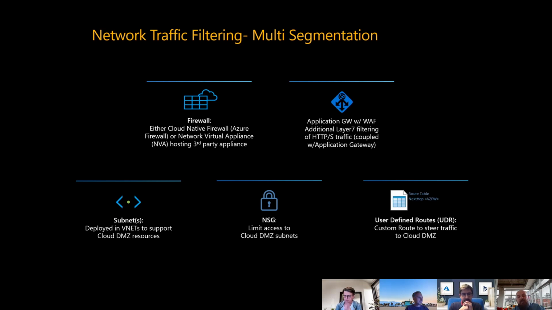Then we have the Azure Application Gateway, which we use with or without Azure Firewall. It is a web traffic load balancer, enabling customers to manage the traffic to their web applications. Traditional load balancers operate at transport layer 4, the TCP and UDP OSI layer, and they route the traffic based on the source IP address and port to a destination IP address and port.